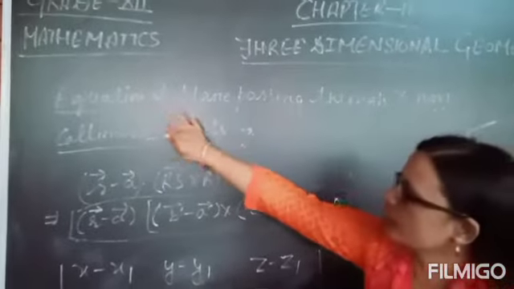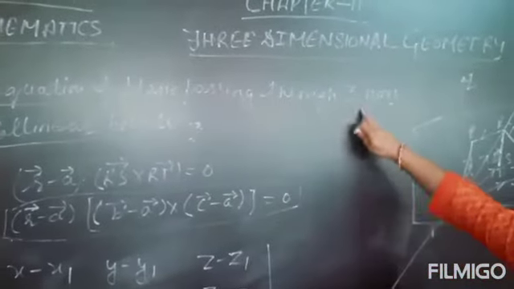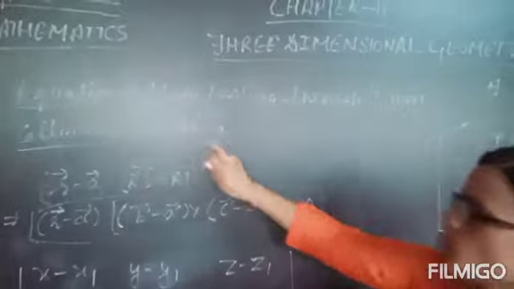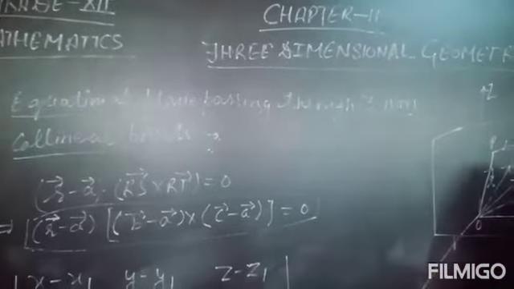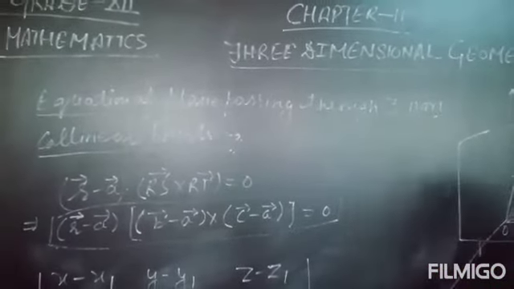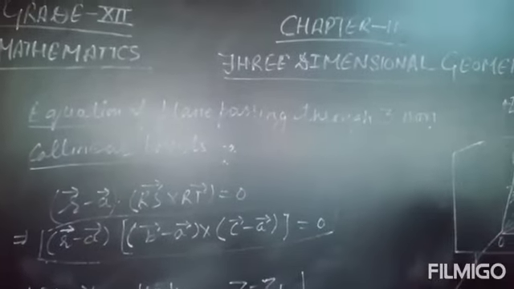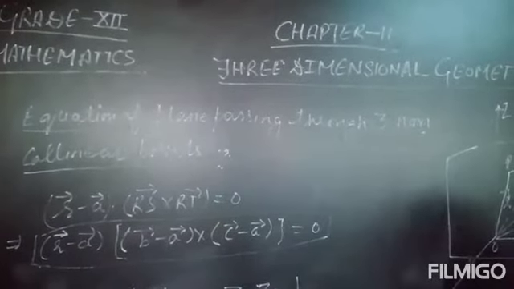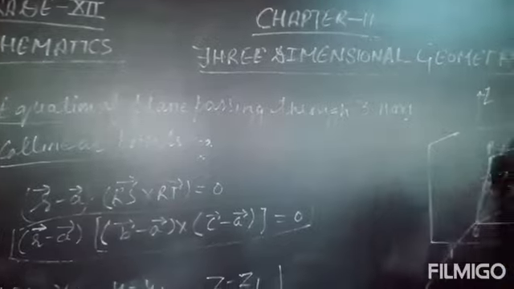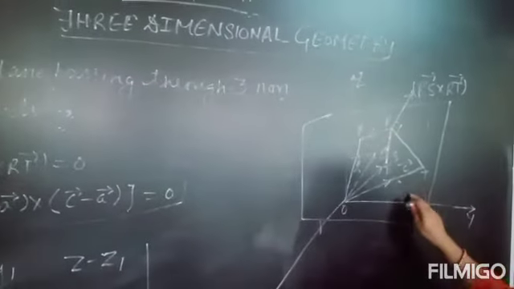Now come to the equation of a plane passing through three non-collinear points. Non-collinear points means three points that are not on the same line. We will find the equation of the plane passing through three non-collinear points.